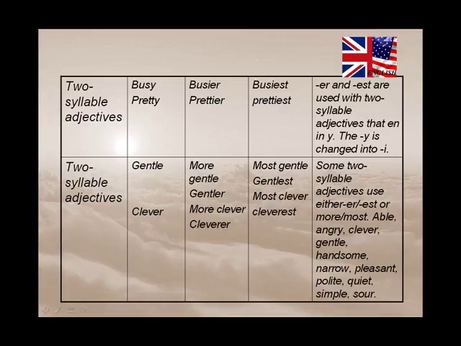Some two-syllable adjectives use either -er, -est, or more, most. Some of these adjectives are able, angry, clever, gentle, handsome, narrow, pleasant, polite, quiet, simple, sour, and so on.